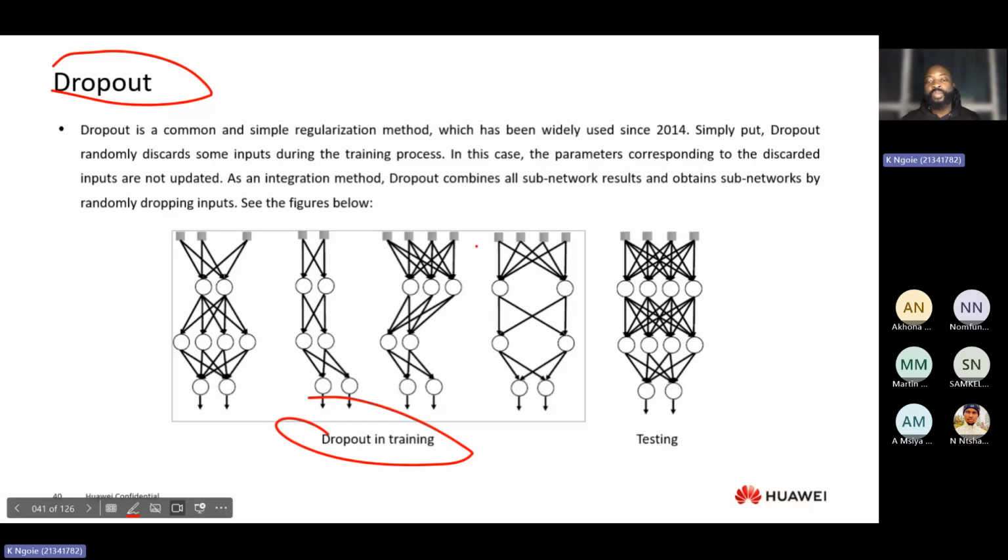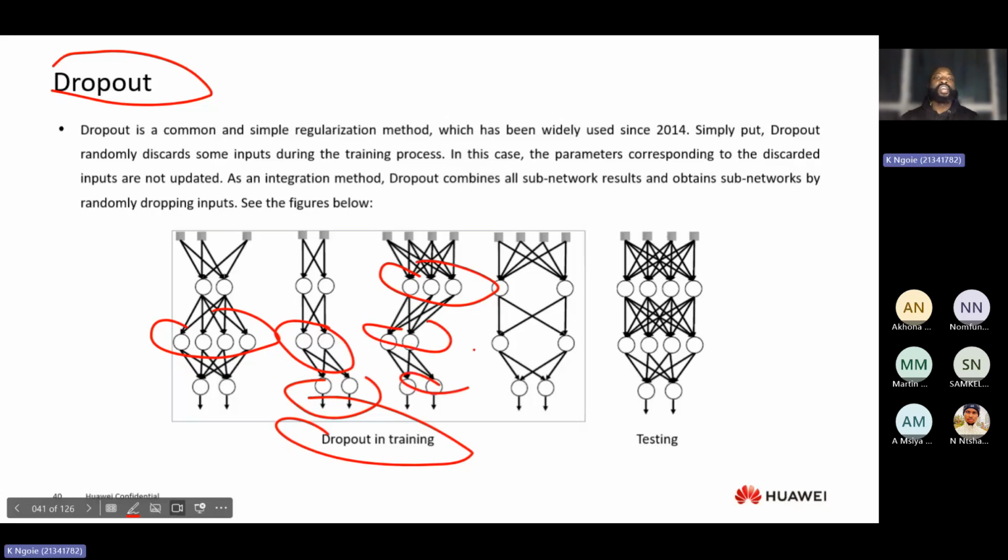So if this was the original network, instead of having 4 nodes there, we're just going to use 2 first and see where we get. Then the model will try again and train with the first layer with 3.